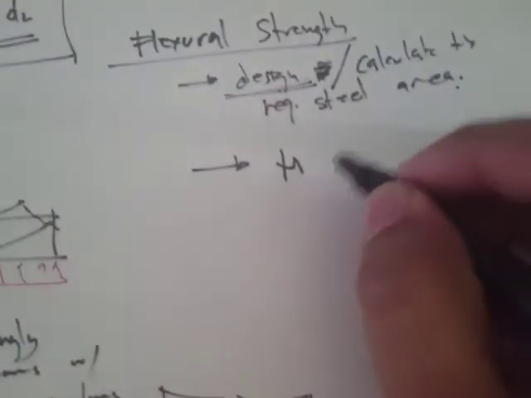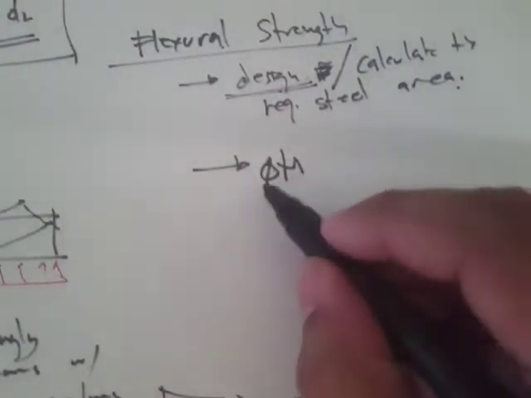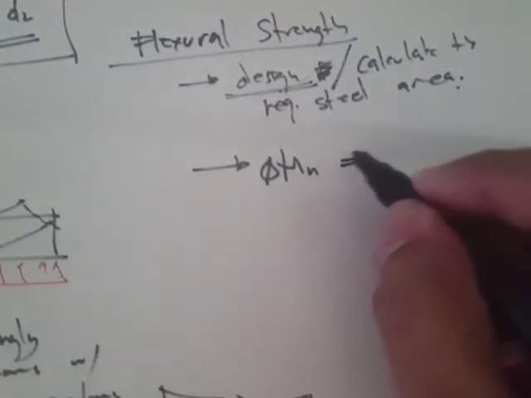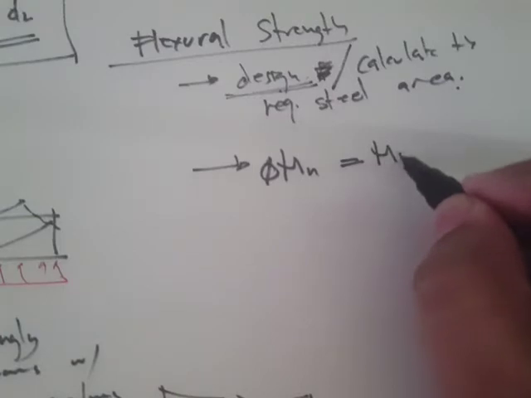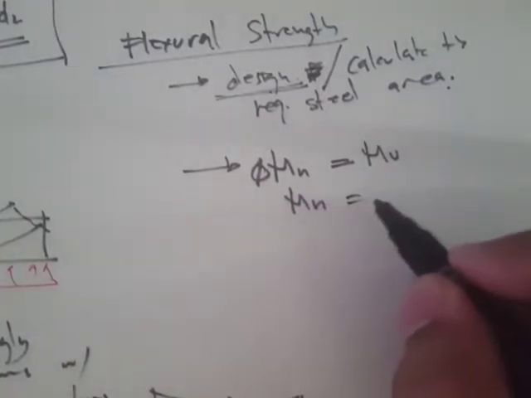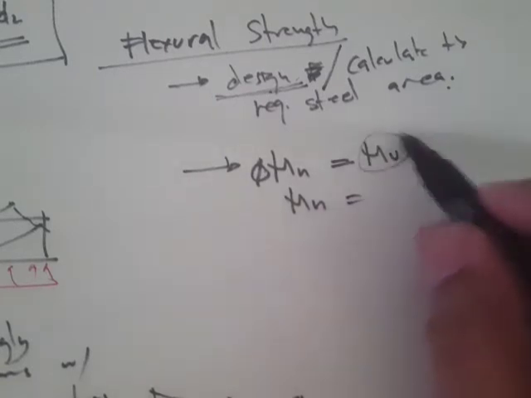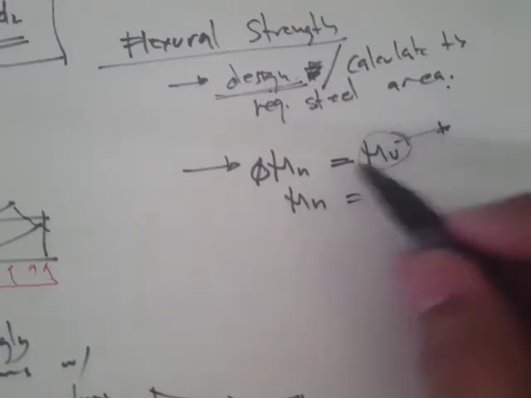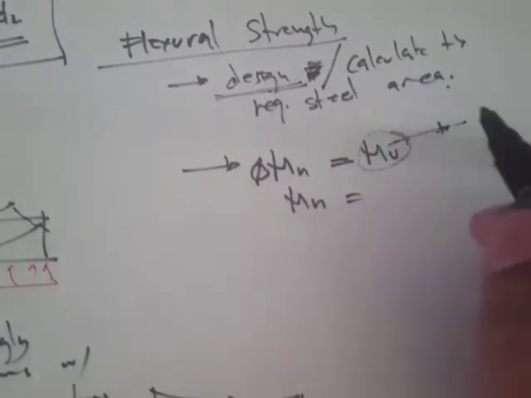So recall that we have this expression that the factored capacity must be greater than or equal to the factored loads. Now, if we solve this, we can determine this load side.